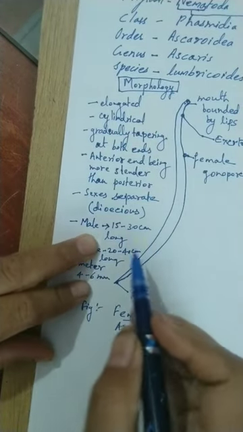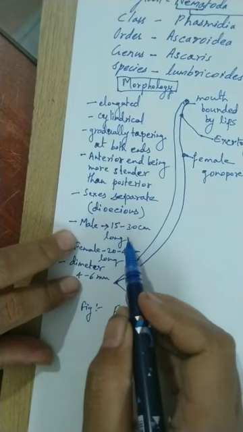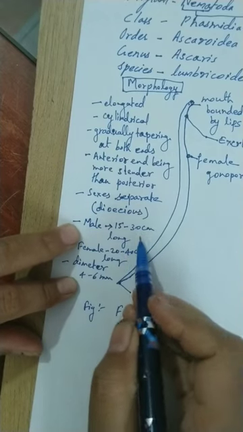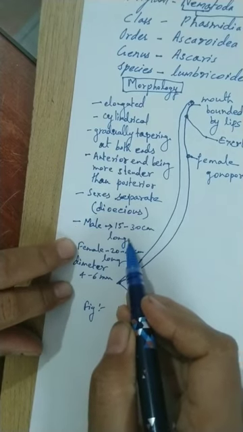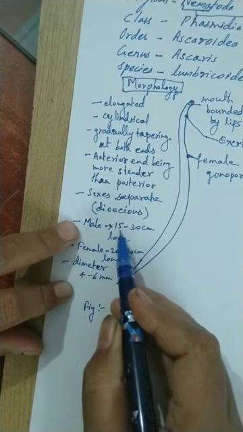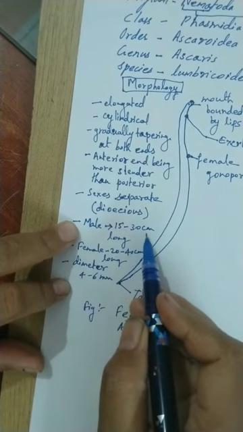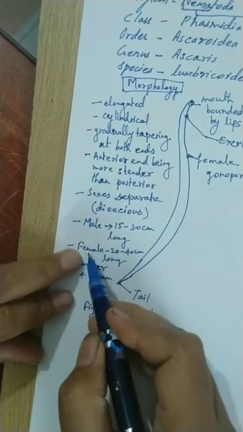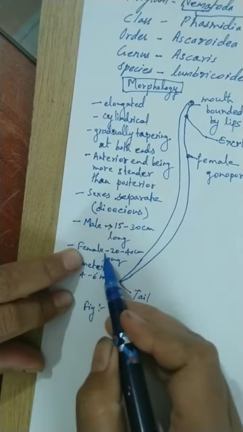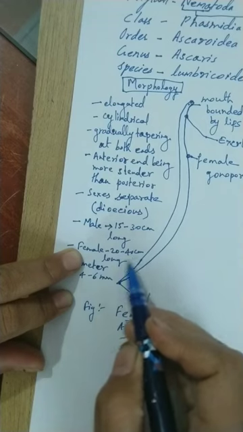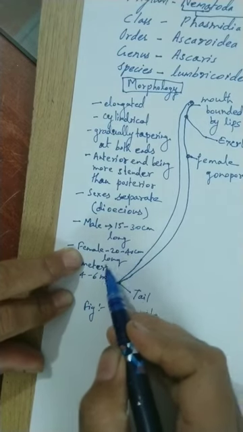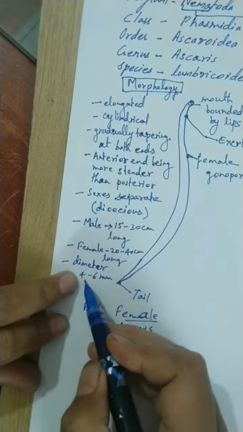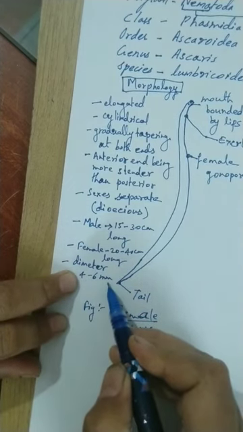Here we can see that the male is slightly shorter than the female. A mature male is just 15 to 30 centimeters long, while females are 20 to 40 centimeters long, longer than the male. The diameter varies from 4 to 6 mm.